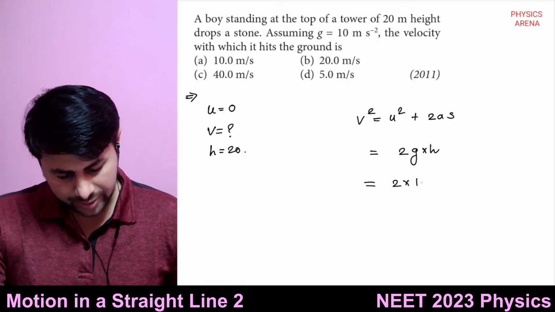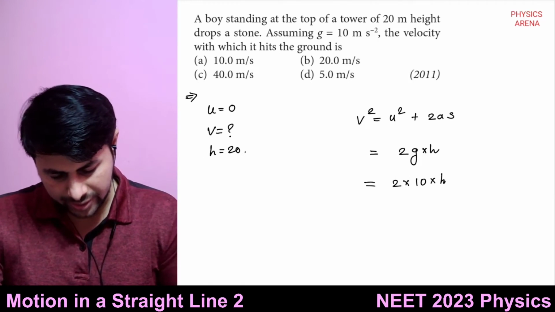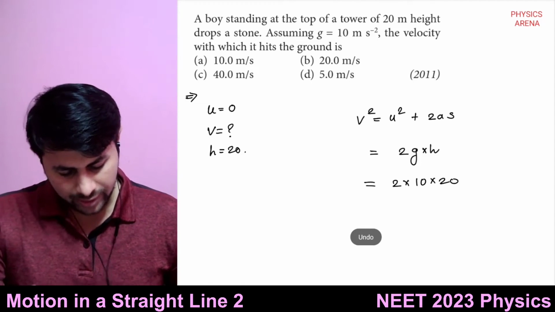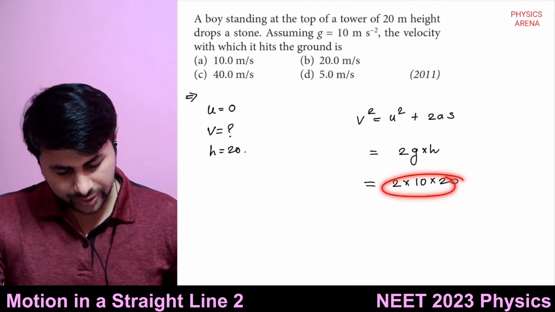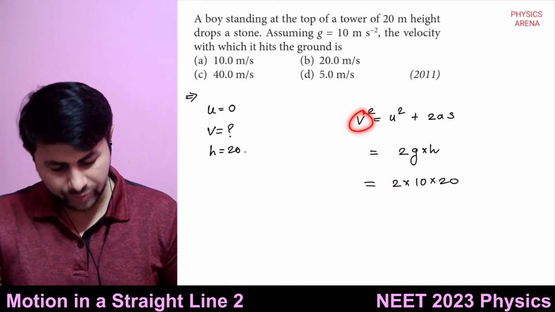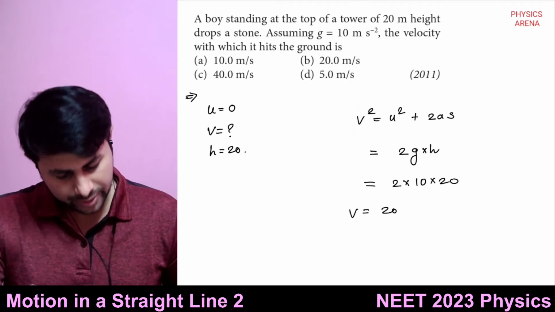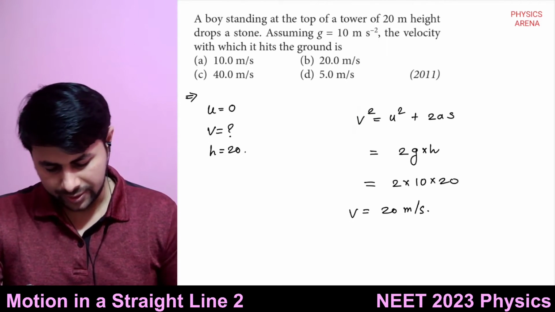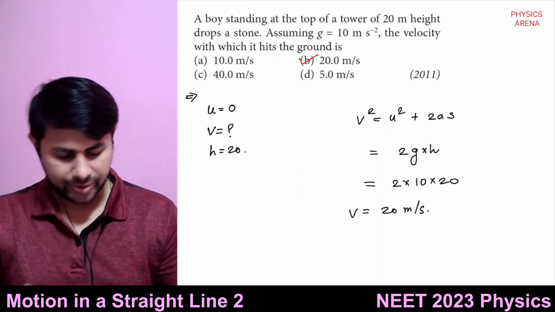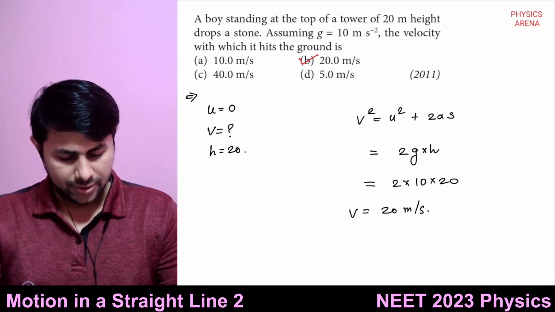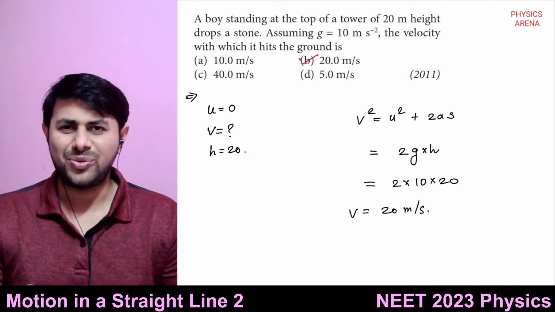So 2 multiplied by 10 multiplied by 20 is 400, and I want v only. This is v square, so I will take the square root. It is 20 meters per second. This is the answer, option B. So simple, this is a neat problem.